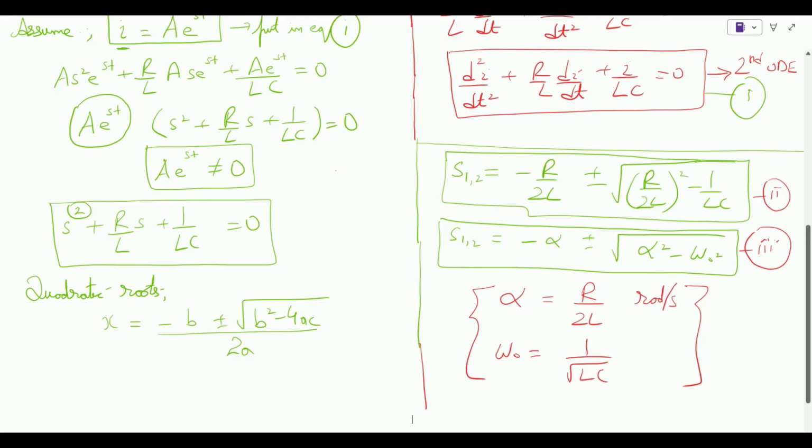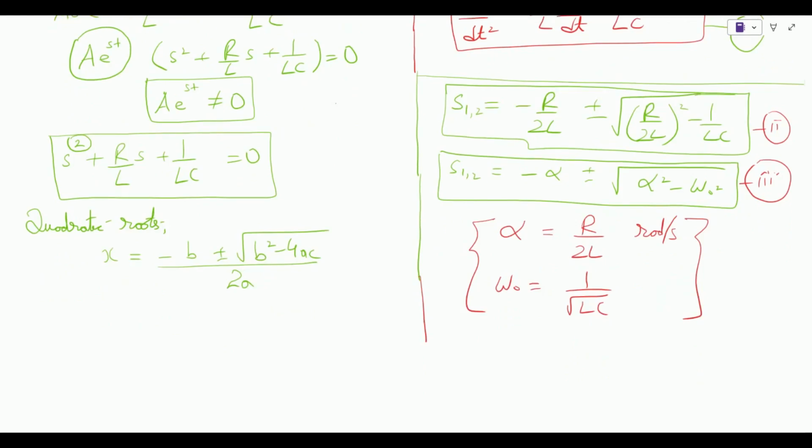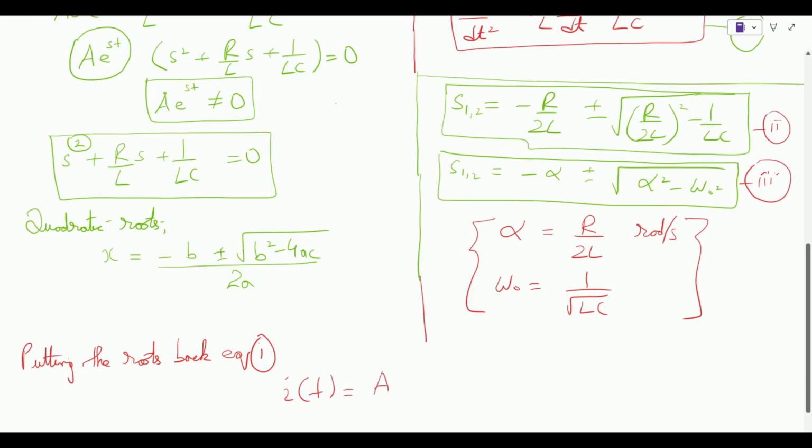So these are the values that help us find the roots of the equation, and we can now put these values of roots back into the assumed equation, equation number 1. This gives us the final equation for current, which comes out to be A1 e raised to power s1t plus A2 e raised to power s2t.